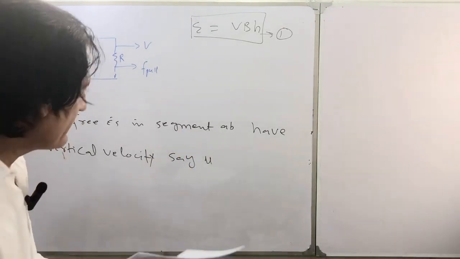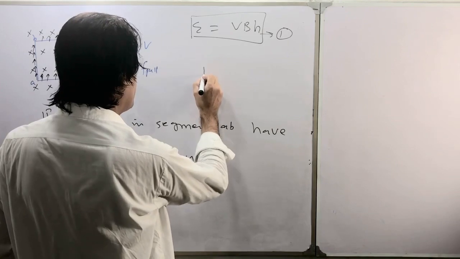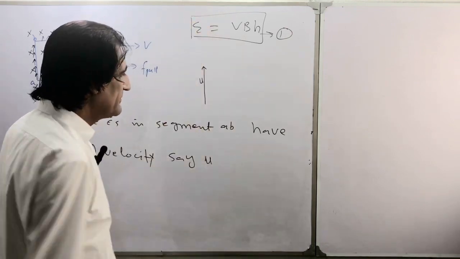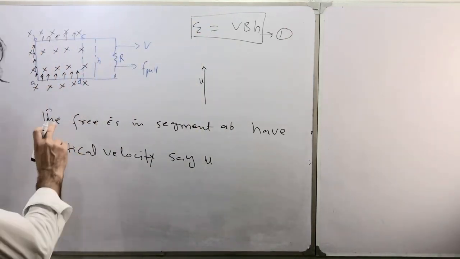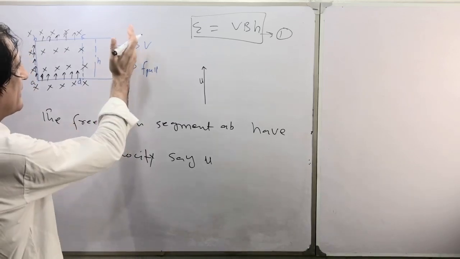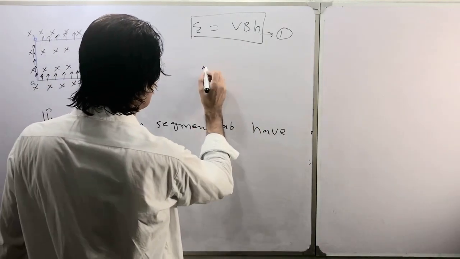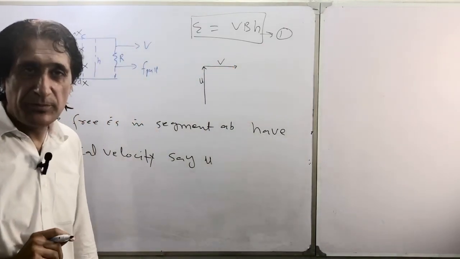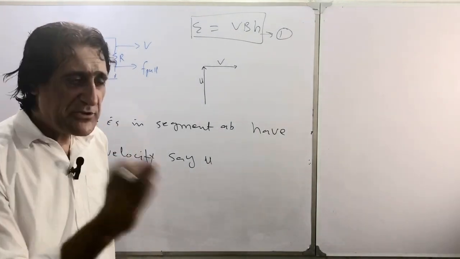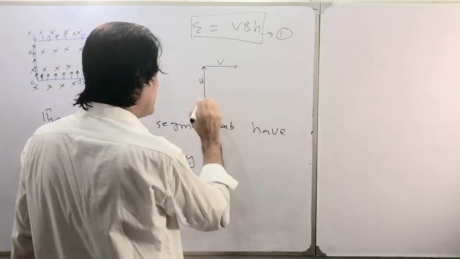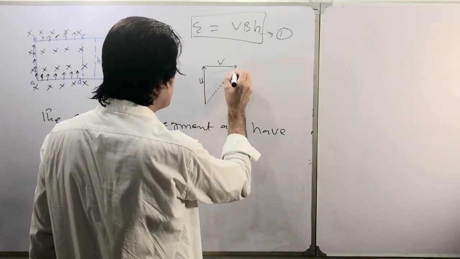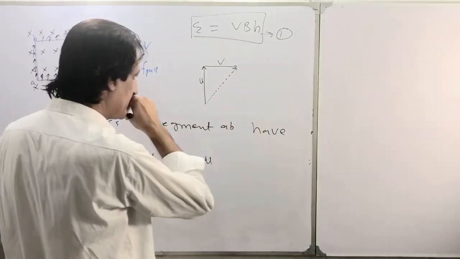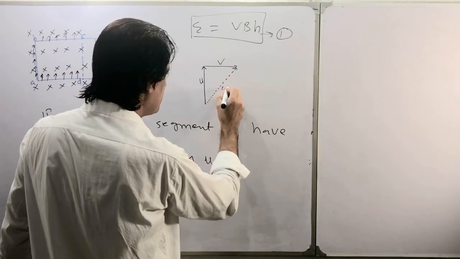So if I write this down, the velocity of the electron is in this direction, and we also know that the velocity of the loop is in this direction, so if I add this, this is the velocity of the loop, then the actual motion of the electrons will be in this direction. The particle will move in this direction. So let's say this is equal to W.